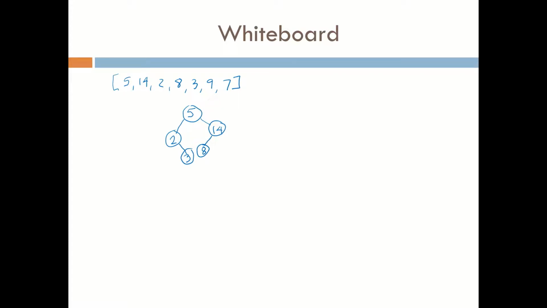It's greater than 8, so the 9 goes right here. And finally, the 7. 7 is greater than 5, so we travel to the right subtree. 7 is less than 14, so we go to the left subtree, and 7 is less than 8. So we go to the left subtree of 8, which is null, and we insert the value at that point.